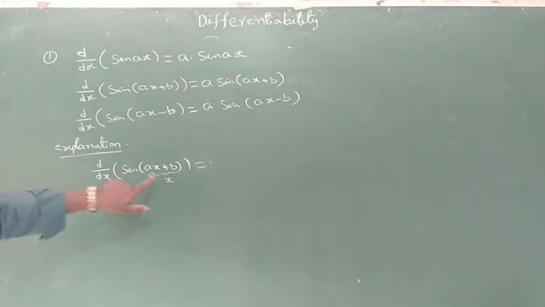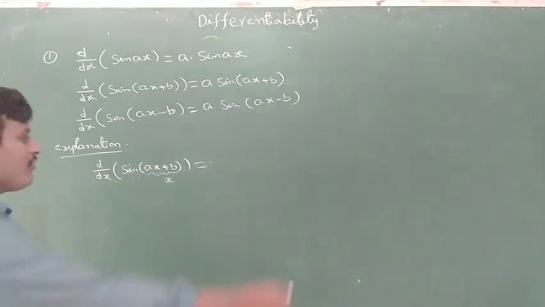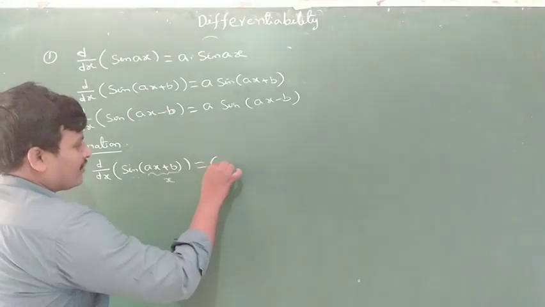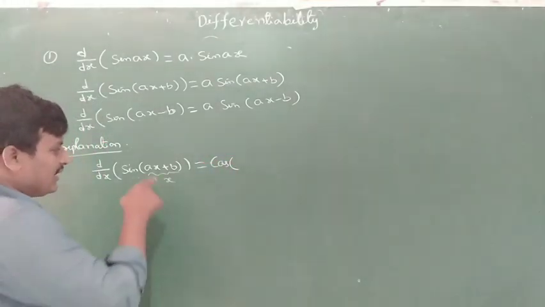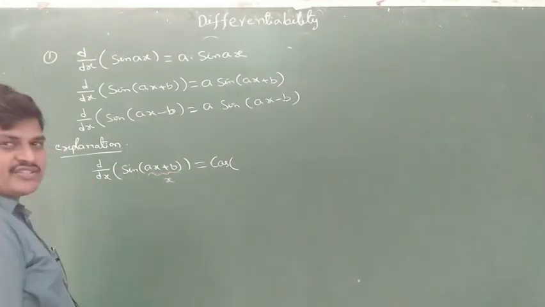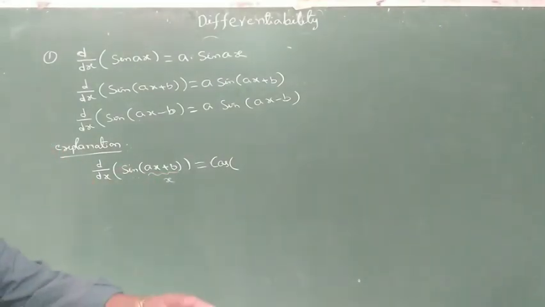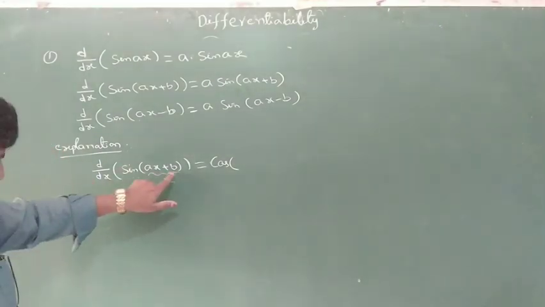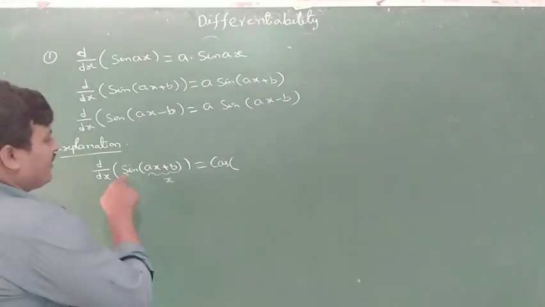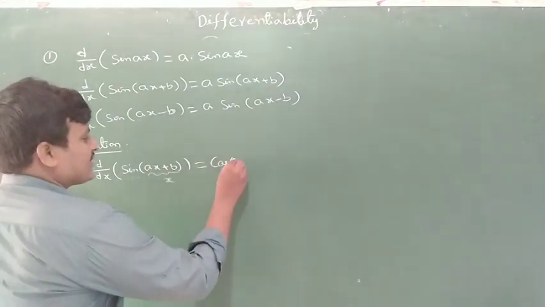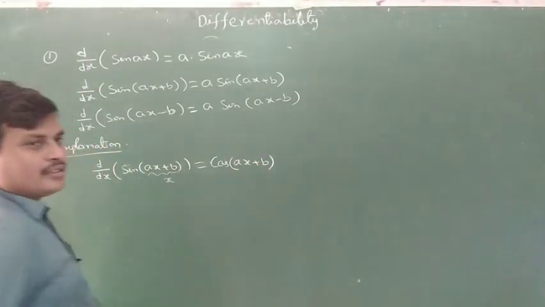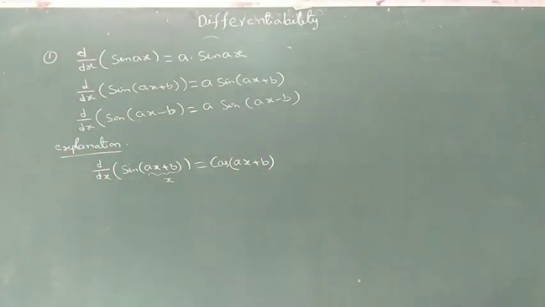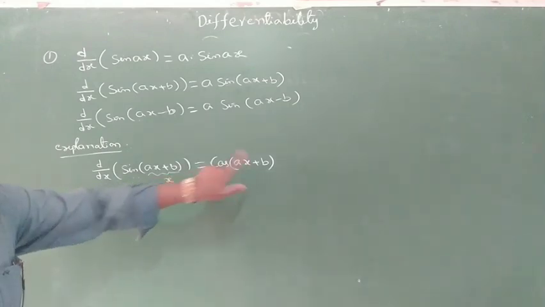What is the derivative of sin x? Derivative of sin x is cos x. Here x means not only simple x, but the given expression, so cos of ax plus b.